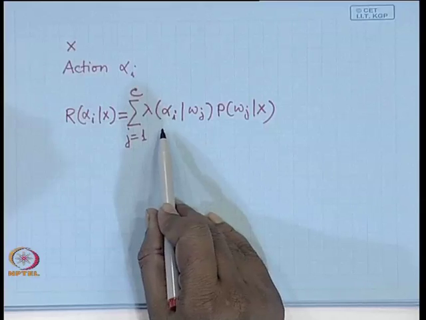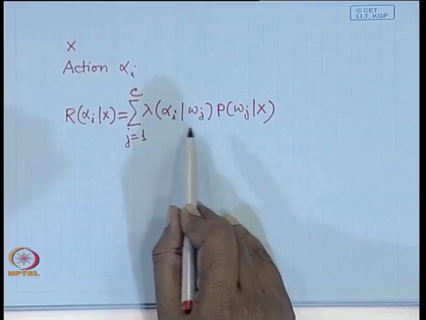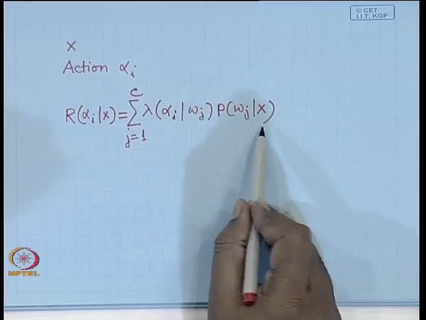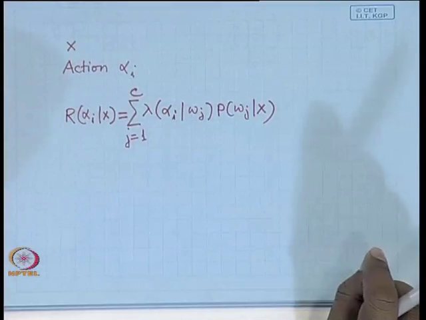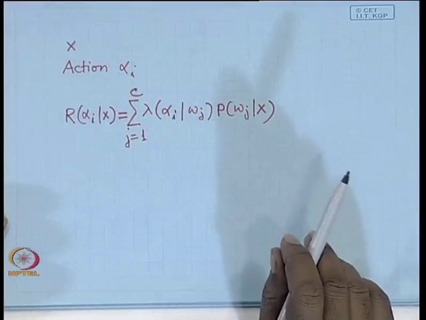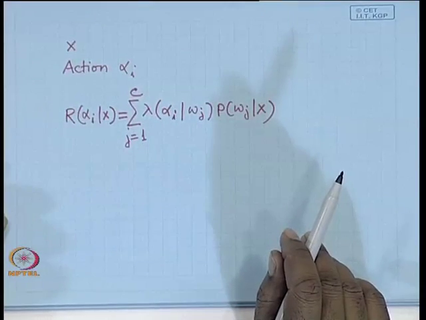So this is lambda(alpha i | omega j) into p(omega j | x), take the summation over all the states of nature, that is j equal to 1 to c, and that gives you the expected loss, which we are calling r(alpha i | x).